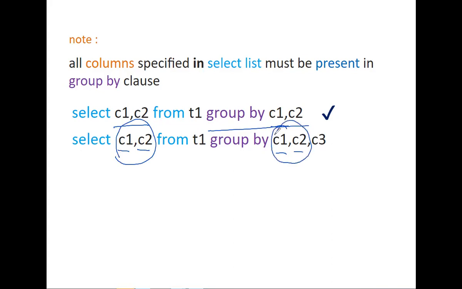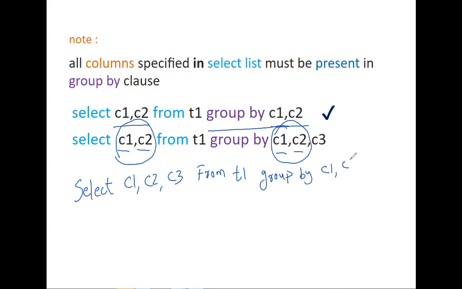So is it correct or not? It is correct. But what happens if it is reversed? Select C1, C2, C3 from T1, group by C1, C2.